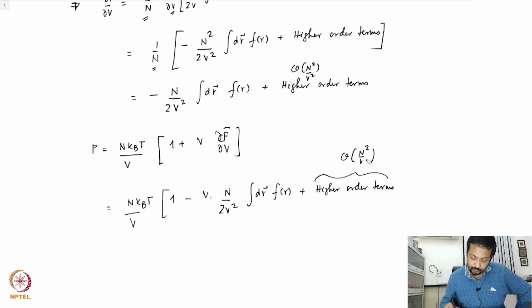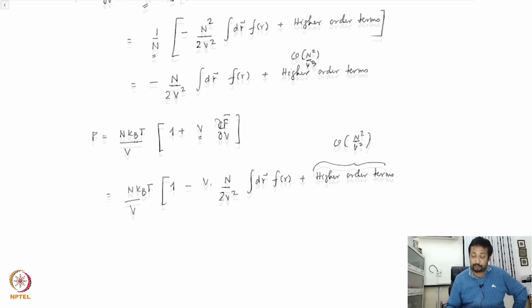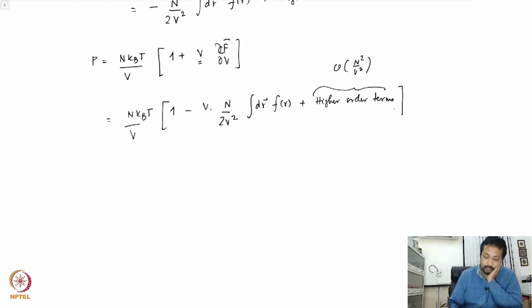Now this is going to be N square over V cube, not this one. This is going to be N square over V square, since you multiply V cube by 1. So this higher order term is going to be of order N square over V square. Up to here it is of order N square over V cube. And once you multiply with V, you're going to get order N square over V square. And we can close this.